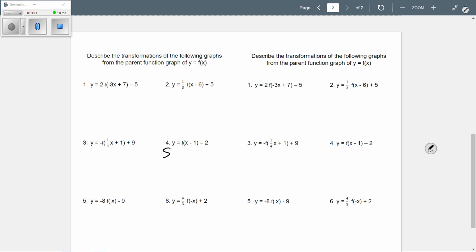We're going to shift right 1. Okay, that's done. And then we see this negative 2. That tells the truth because it's on the outside of the parentheses. So we're going to shift down 2. All right, and that's it for that one.